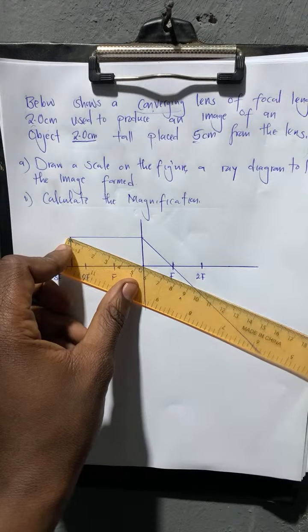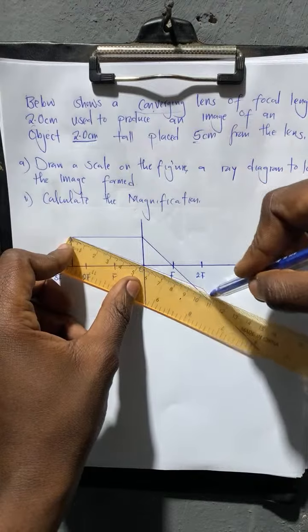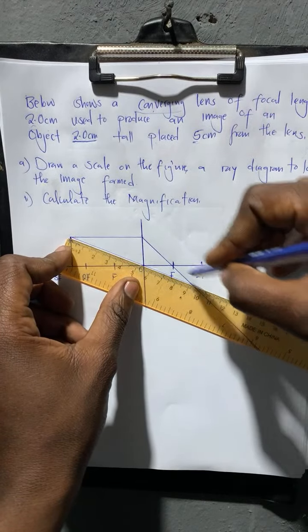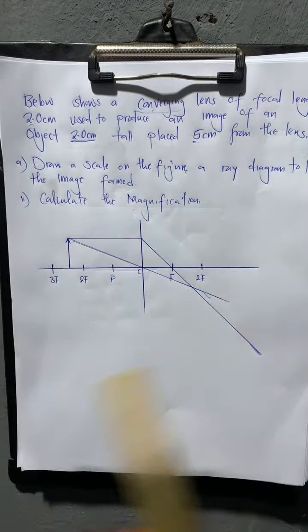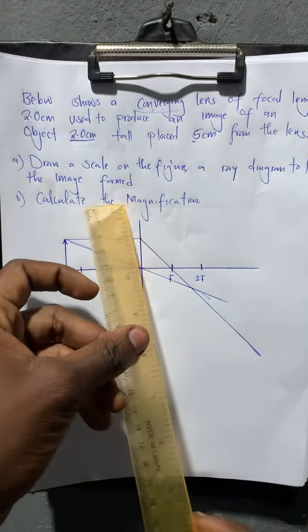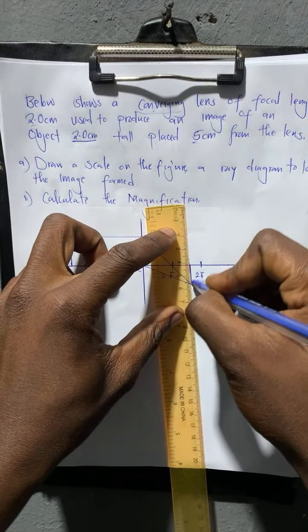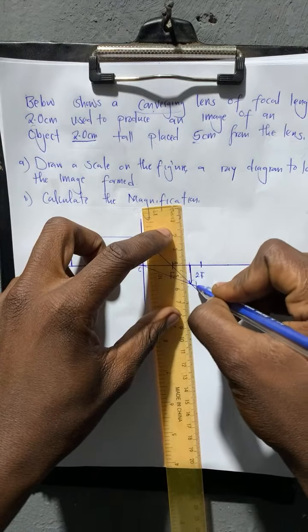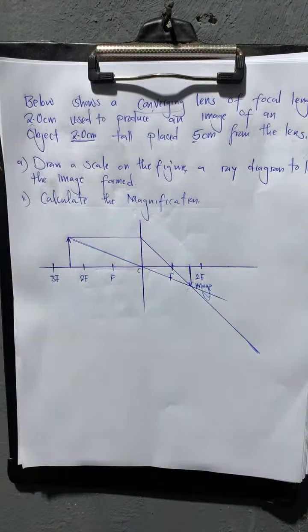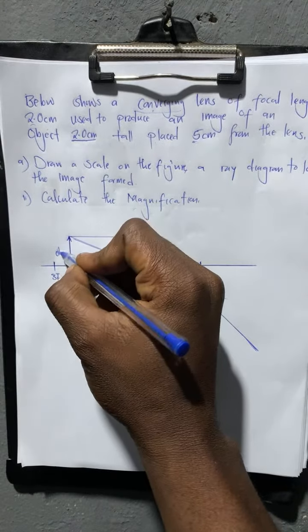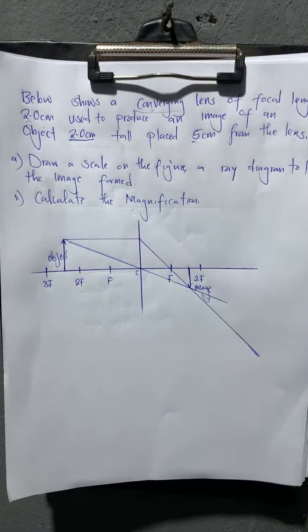So you come from the object, get your ruler, and draw straight. Where they meet at this point, you draw a line. You say, okay, here they meet. You even say this is where the image has been formed. So the object was here, they gave you already in the question. This is where the image is.